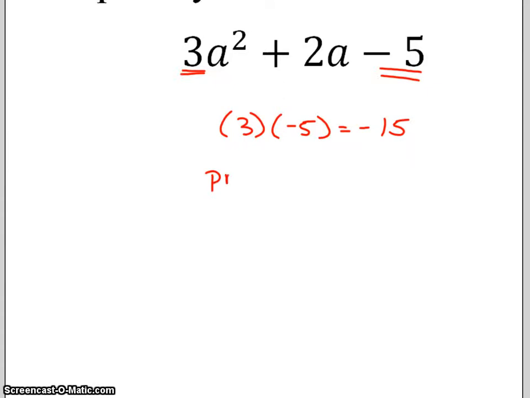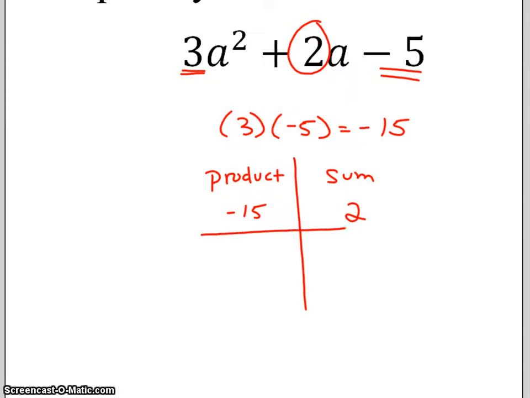Now, you want to find two numbers whose product is -15 and whose sum, so now I'm going to take this middle number right here, sum is +2. So, I could think of it, +5 times -3. 5 times -3 is -15, and 5 plus -3 is +2.